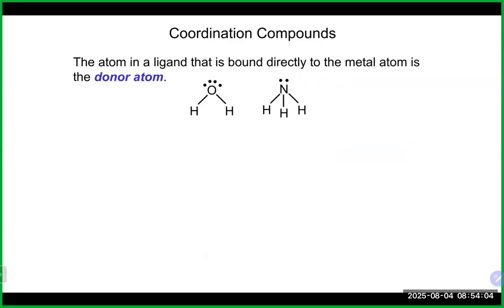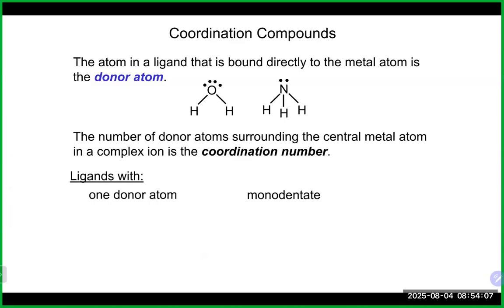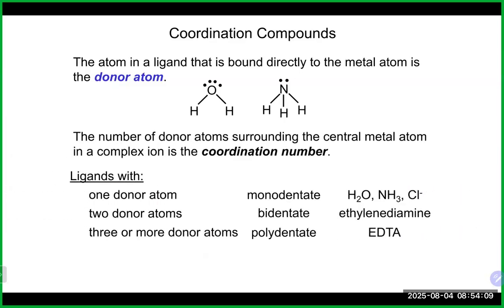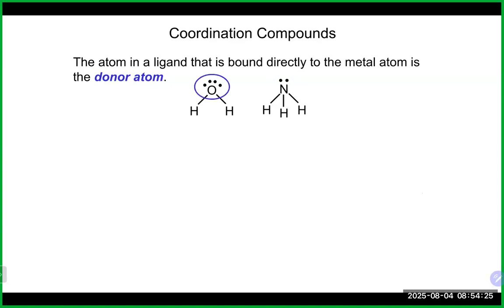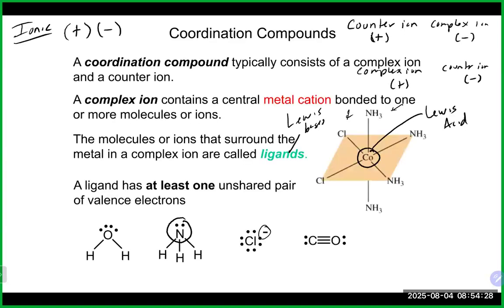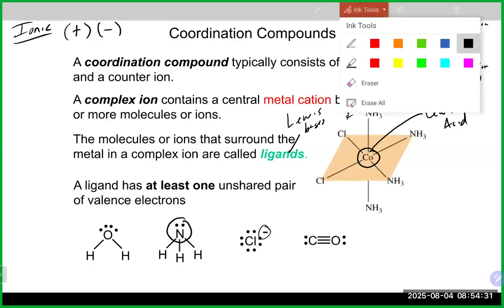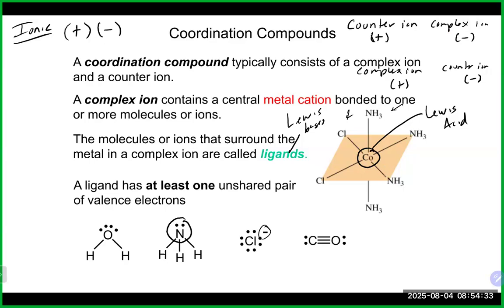Now, when we talk about these ligands, there are different types of ligands. The coordination number is the actual number of atoms that are bound to the metal in the complex ion. If we look back at the previous page, at the setup of this complex ion, it is the nitrogen on the NH3 that's really attached, and obviously the chlorine here.